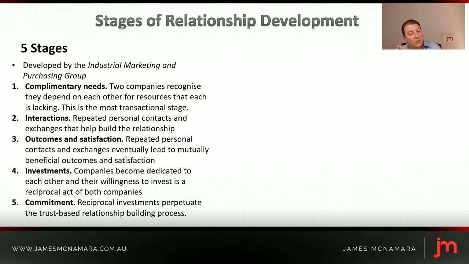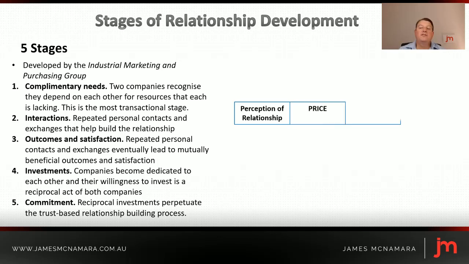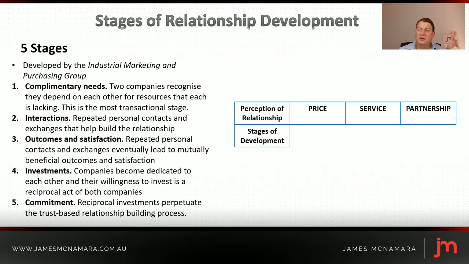And equally, if you know where you're at, then you know what it looks like to develop the relationship one step further. So this fits in nicely with what we just looked at before, with the customer's perception of the relationship. They're either focused on the price, focused on the service, or focused on a partnership style arrangement. So the stages of development fit in neatly with that, and now there's some that sort of cross the boundaries.